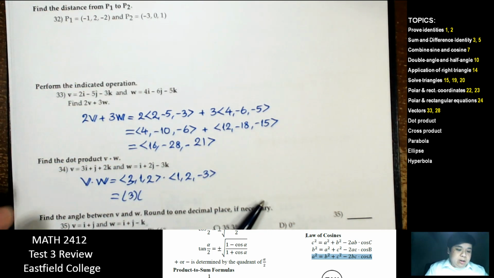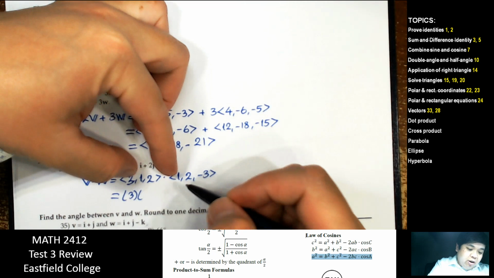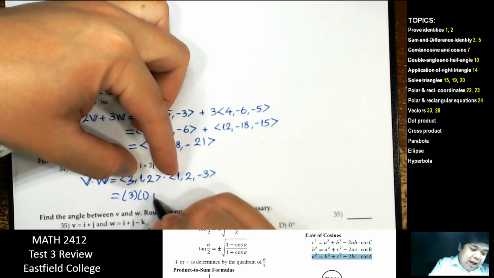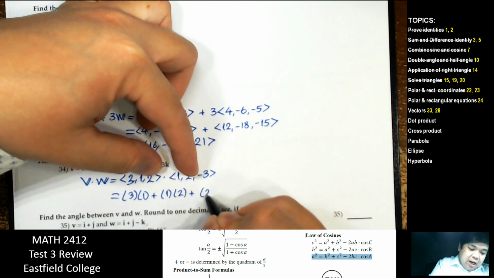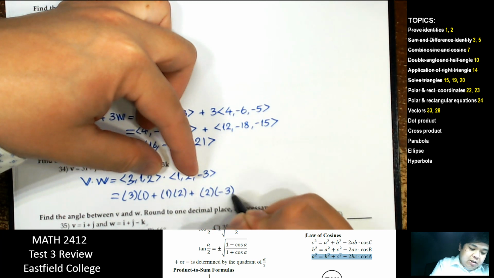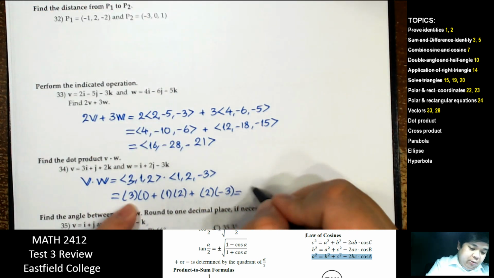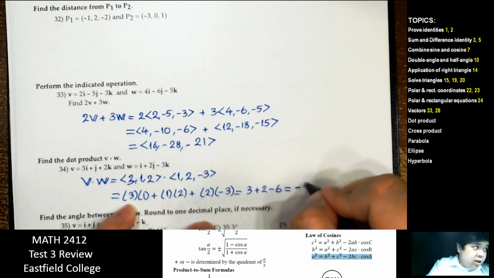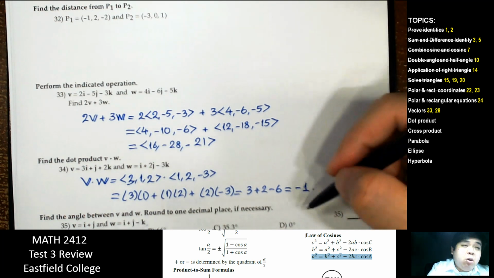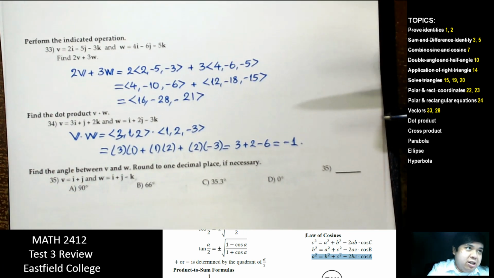Multiply the first with the first, add the second with the second, and then the last with the last. So we have 3, 2, negative 6, and that's negative 1. Dot product is just a number, so that's easy.